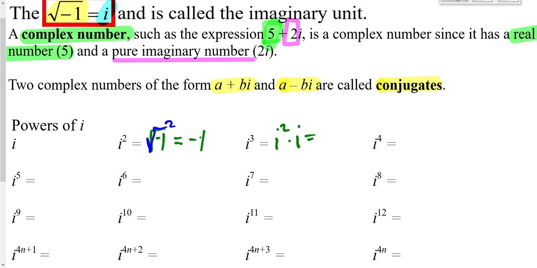Remember, we just mentioned that i squared is -1, so we get a -1 times i, or just -i. Now, i to the fourth would be an i squared times another i squared, which would be a -1 times a second -1, which would be a negative times a negative, or +1.